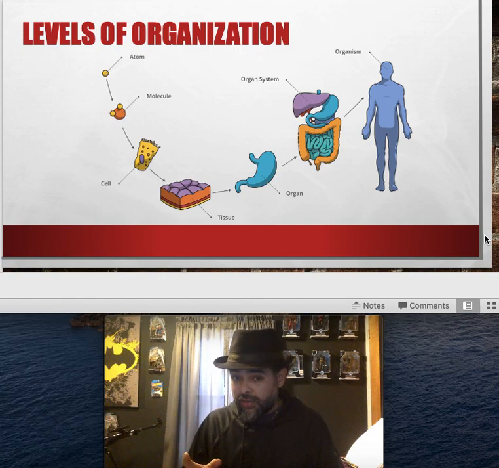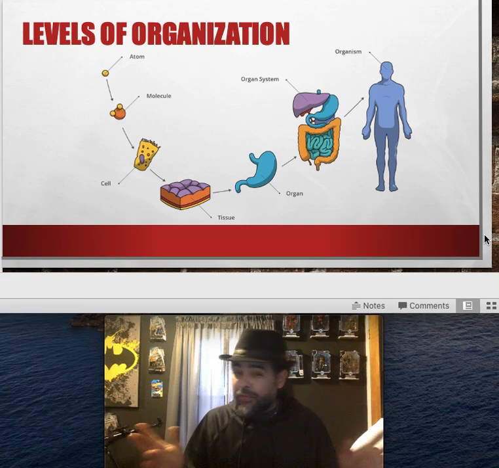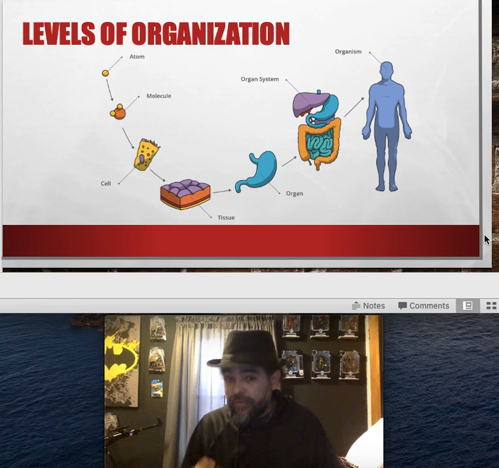What is a molecule? Molecules are made of these really tiny things called atoms. And that is the smallest level of organization that is unbreakable by natural means. That's pretty much going into the area of chemistry. But everything that is alive, and also everything that is not alive, is made of these atoms.